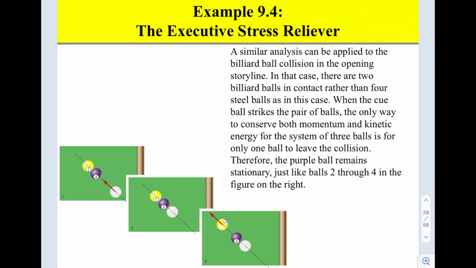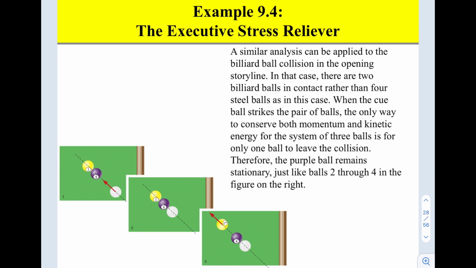A similar analysis can be applied to the billiard ball collision in the opening storyline. There are two storylines in your textbook for this chapter. In that case, there are 2 billiard balls in contact rather than 4 steel balls, as in this case.